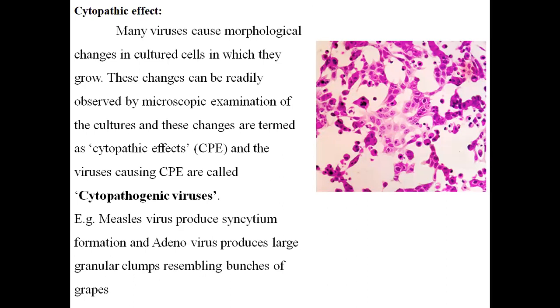Those viruses which produce these effects are called cytopathogenic viruses. The best example is the measles virus that produces syncytium formation, and similarly adenovirus produces large granular clumps resembling bunches of grapes.